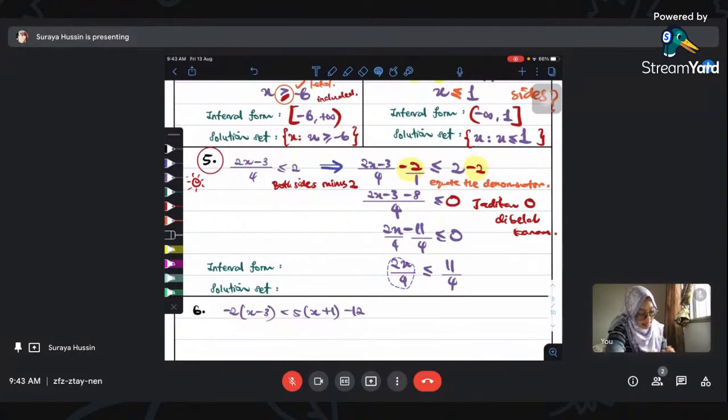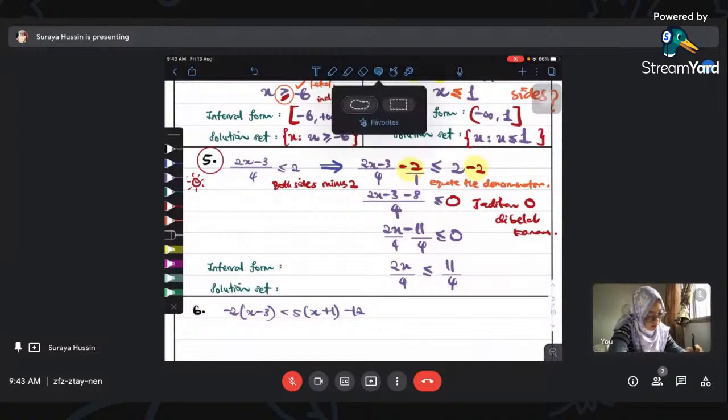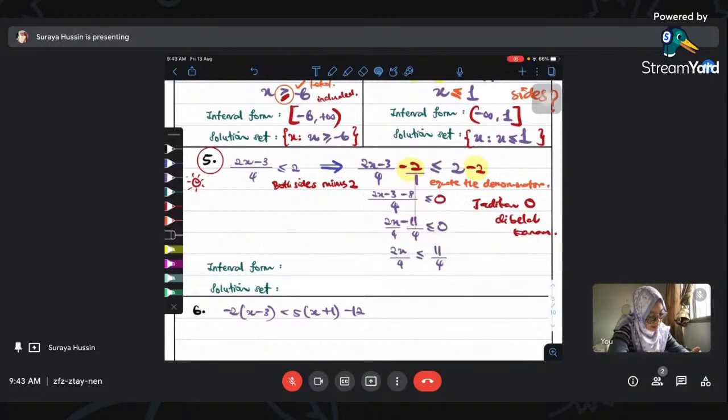Okay. So dekat sini lah. Saya kecilkan boleh ke? Nampak ke kalau saya kecilkan? Saya kecilkan ya, nanti sebab saya tak ada ruang. So now, what you are trying to do is multiply both side dengan nombor 4. Okay, multiply both side dengan nombor 4.